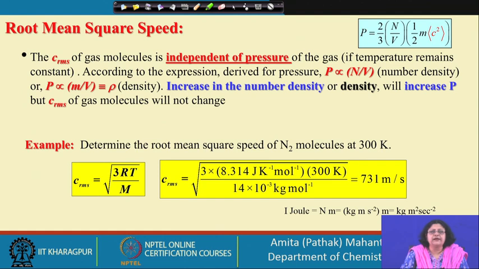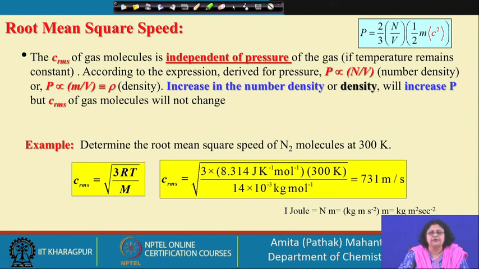If you see the expression of the pressure, pressure is directly proportional to N by V. What is N by V? It is the number of molecules per unit volume of the gas, that is, the container we are talking about, this V. So, this is the number density. Similarly, in the expression you have small m, the mass of the gas.